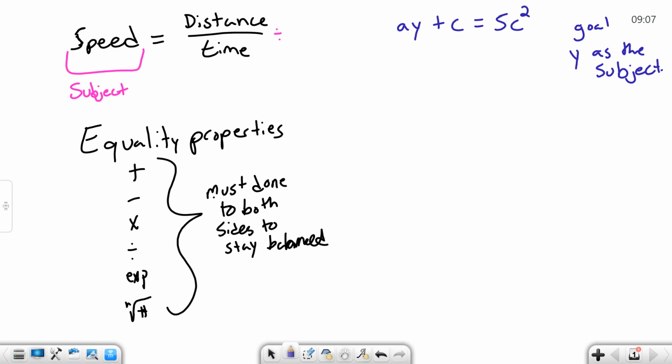Pause the video, take a few minutes, try to make y the subject of this equation. Hopefully you're back. You've taken a few minutes to figure this out. Maybe go back and rewatch the video and look at the equality properties to figure out what we need to do.